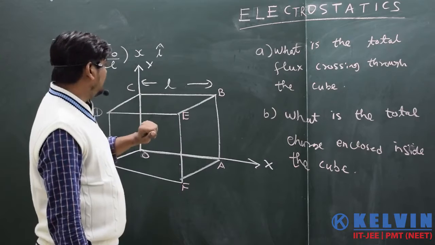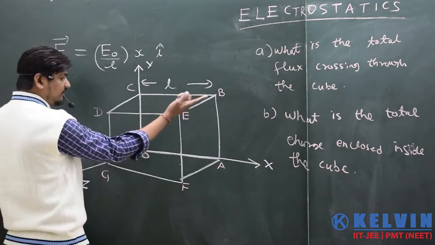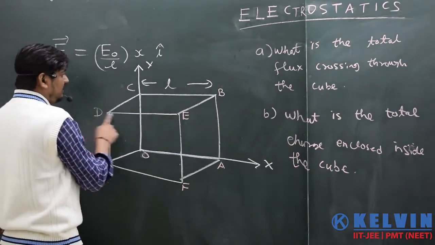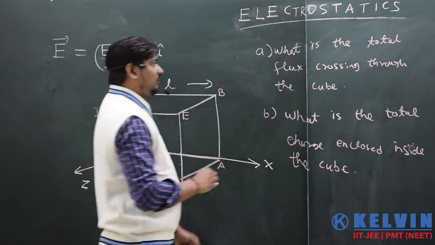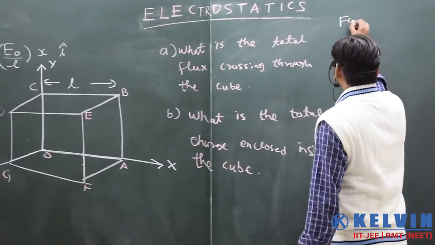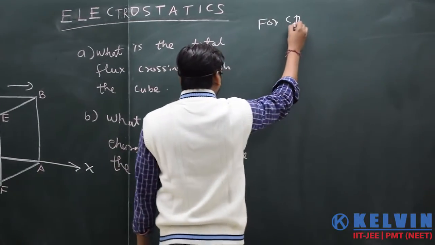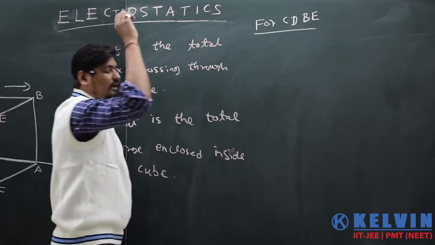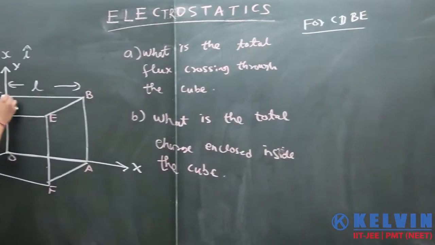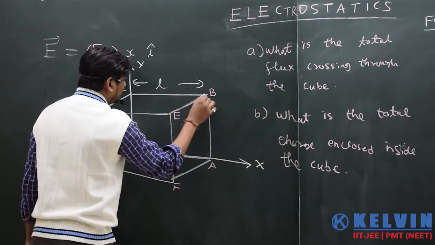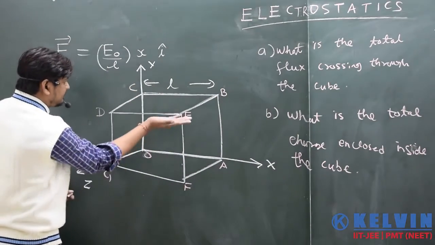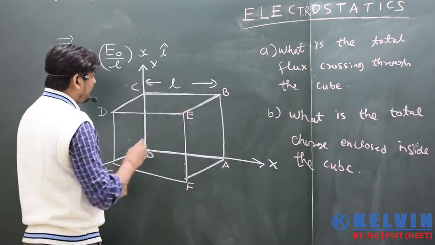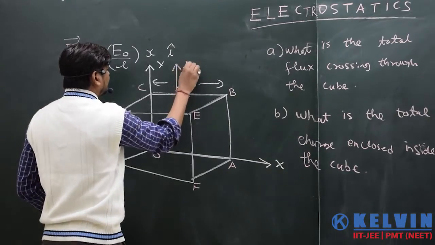So let us start with surface CDEB. You can very easily see this particular surface is parallel to the XZ plane, so the area vector is like this.